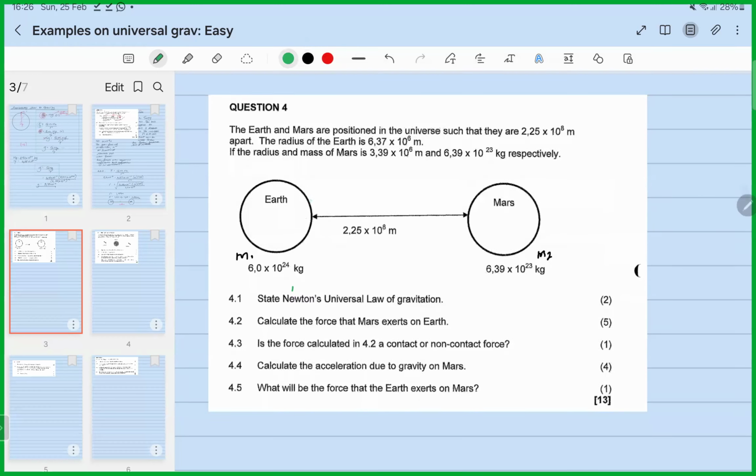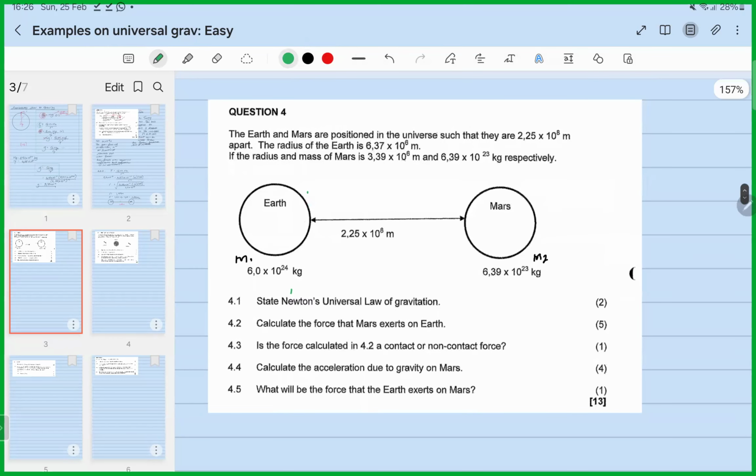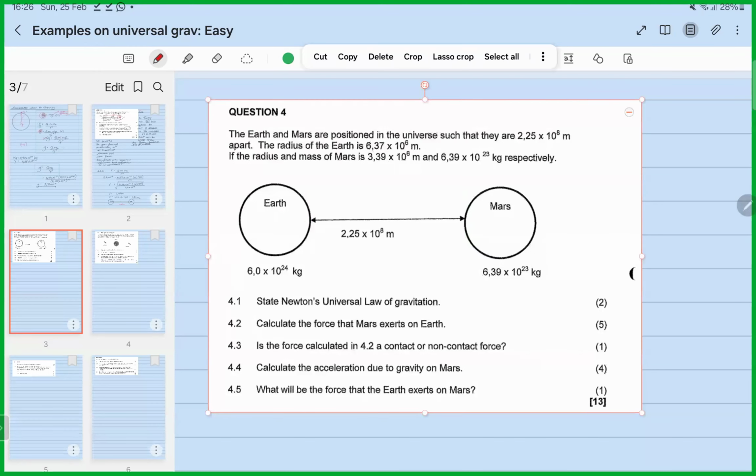Look carefully now. They gave you the distance from the surface of the Earth to the surface of Mars. But you are not going to use that value in a calculation because in that formula, you need it from the center of the Earth to the center of Mars. Look, they gave us the radii.